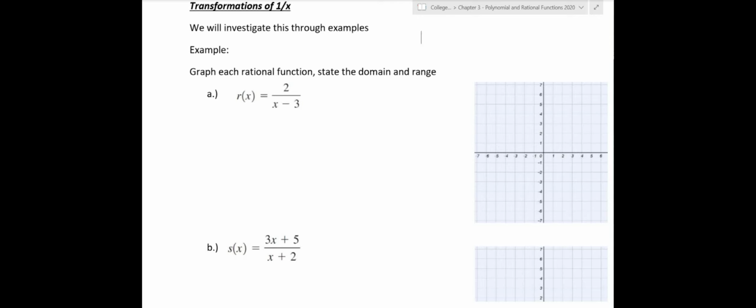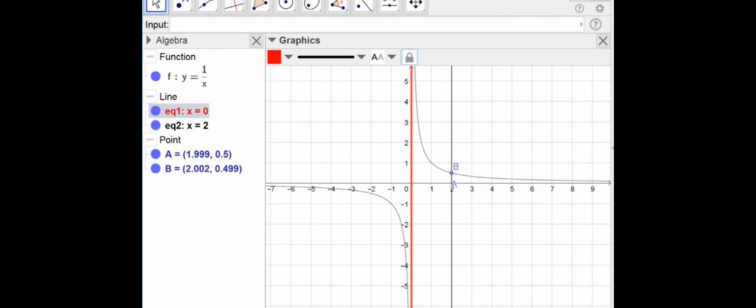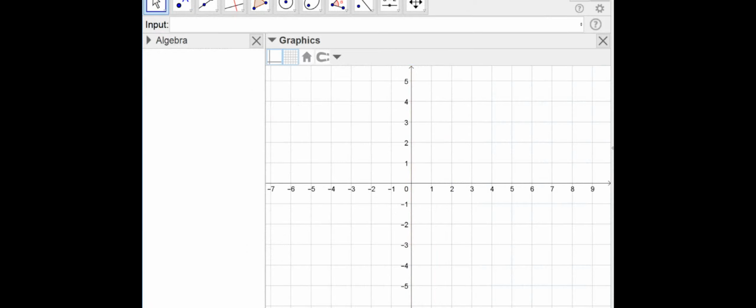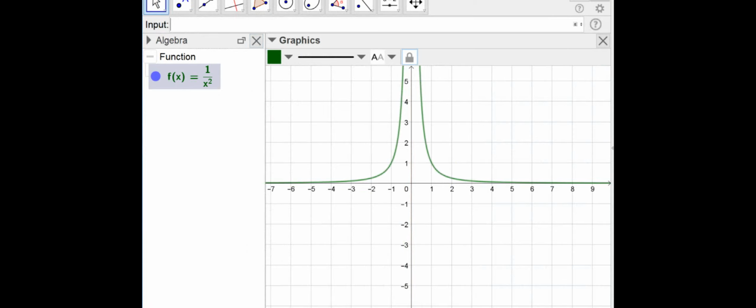If we know what 1 over x squared looks like, which is another rational function, 1 over x squared is going to be basically both branches. So this branch here is going to be reflected up into the second quadrant. So if I look at 1 divided by x squared, gives me that. Okay. If I know what 1 over x looks like, I know what 1 over x squared looks like. Then I should also know what 1 over x cubed looks like. Let's look at 1 over x cubed real quick.